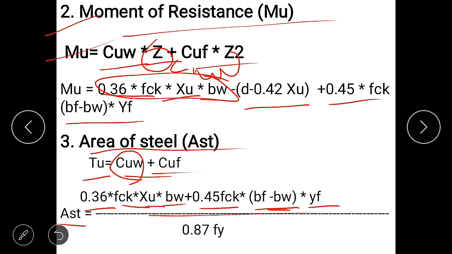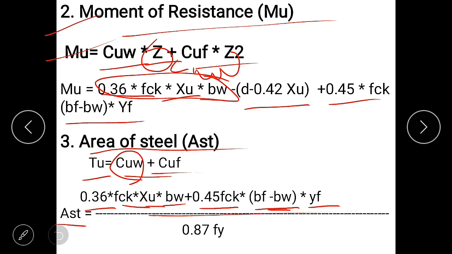So we take AST here. You have to find AST here. So in this case we find Xu, Mu and AST the same as in case number 2, but yf is different in this case.